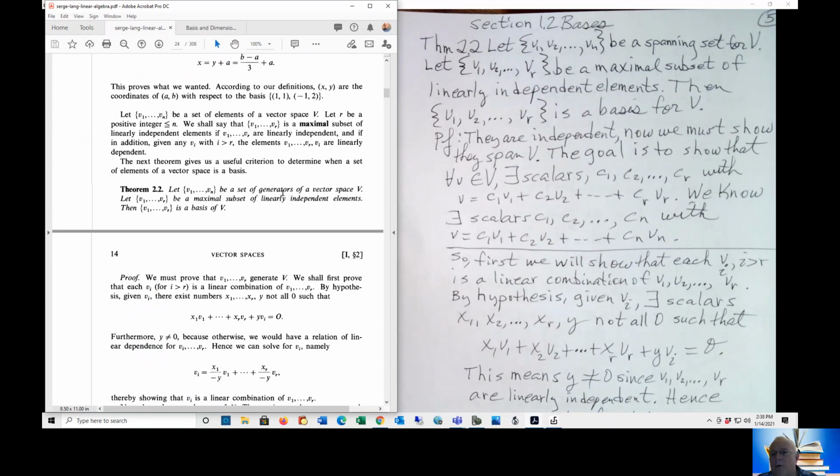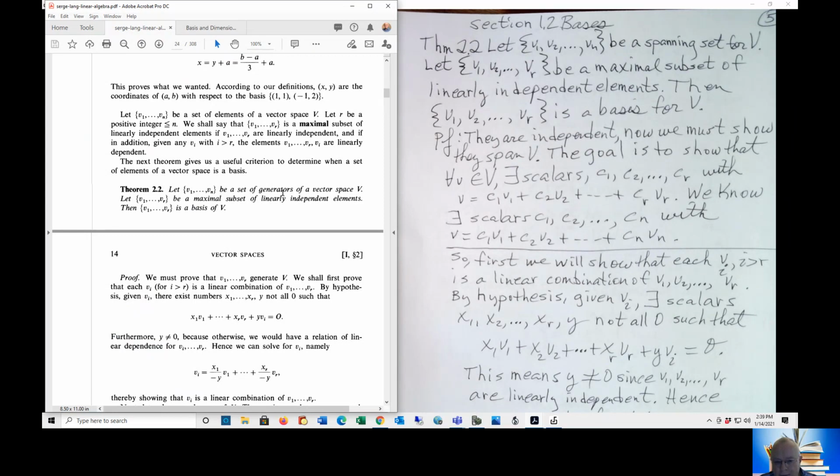So what we want to see is that we can take that set of n vectors and throw away the linearly dependent vectors out of that set. All right, so we have a subset of r vectors. They are independent. So now we only have to show that they span or generate the vector space.